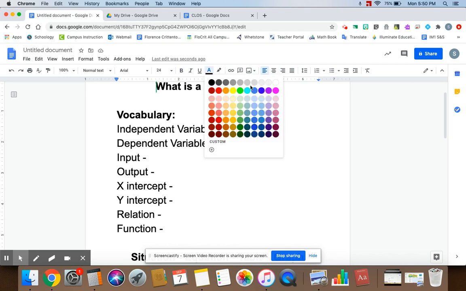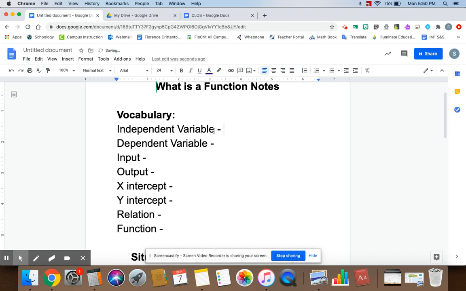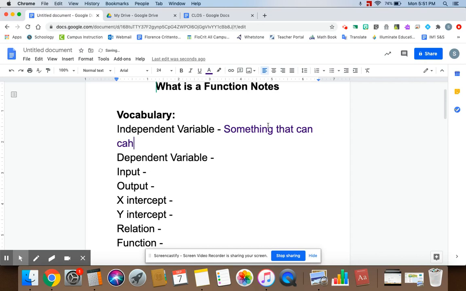So independent variable. In math, you might have been taught that variable means letter. And it's not that that's not true. It does mean letter, but really variable is something that can change. So variable, it's like to vary. Vary, it could change.